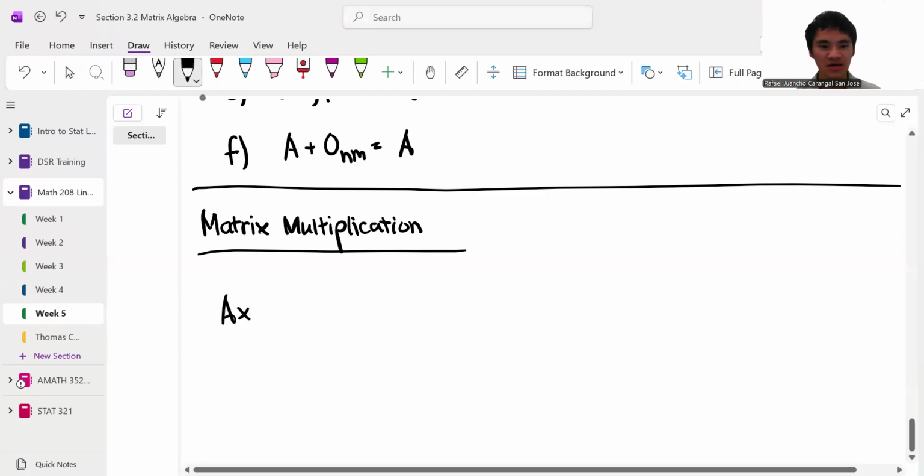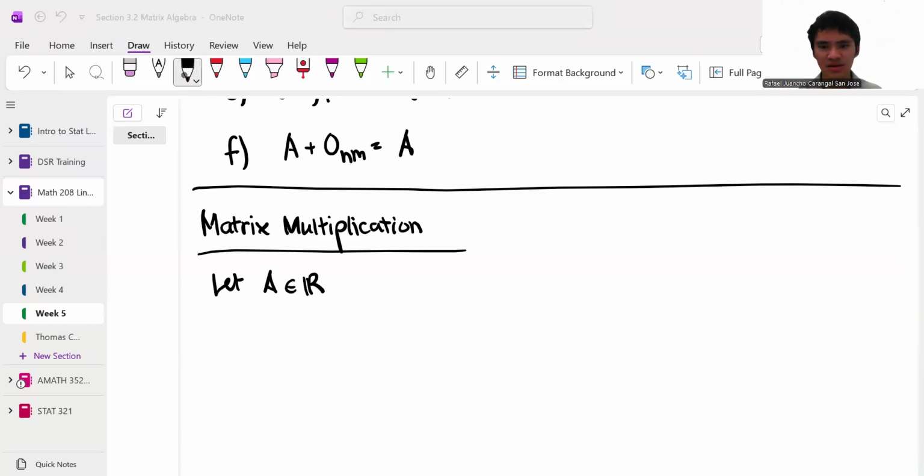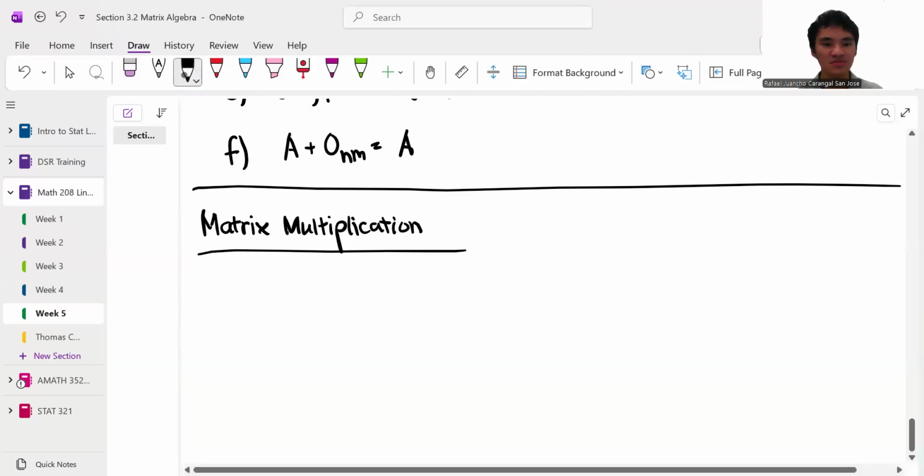So to do that, say we have A, which is a matrix, right? I don't see what dimensions of A are going to be, so I'm going to go with what the book is saying.